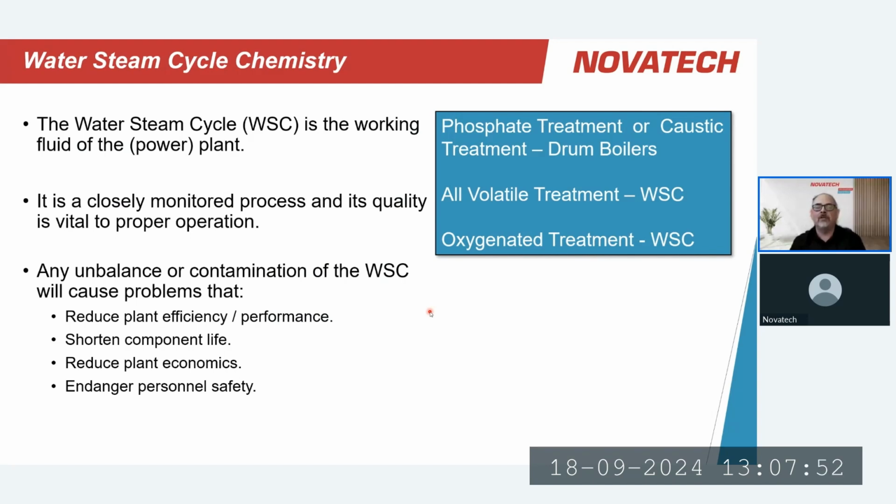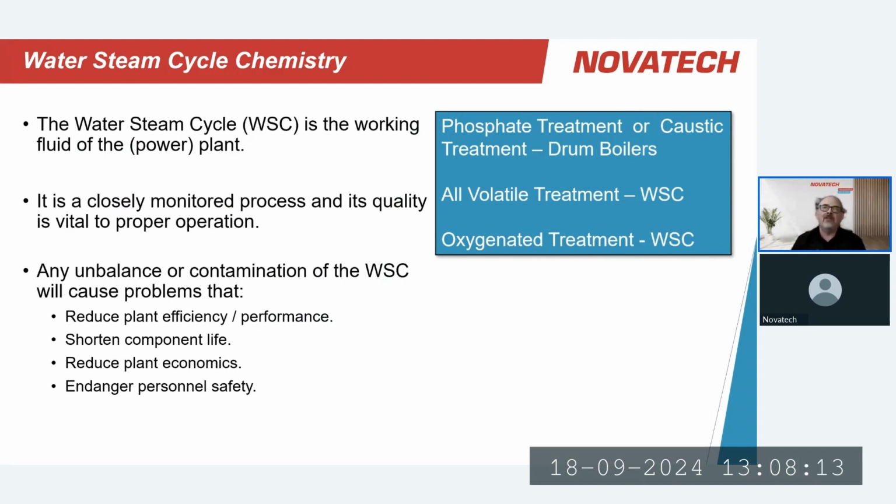Having the right balance, the right composition in the water's chemistry, gains us all of these specific points here. We improve efficiency, we lengthen component life, we improve plant economics, and we enhance personnel safety.